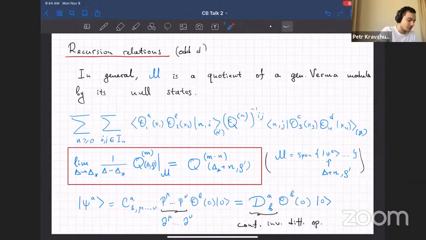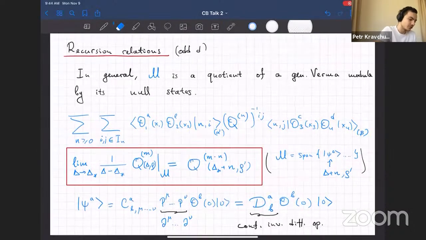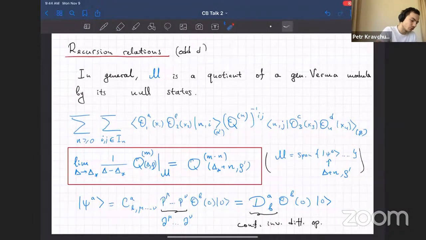And so what you can do is divide it by delta minus delta star to get something that's non-zero, and you can prove that as you take the limit, in the result you get just the Q matrices for this Verma module that M is a quotient of.